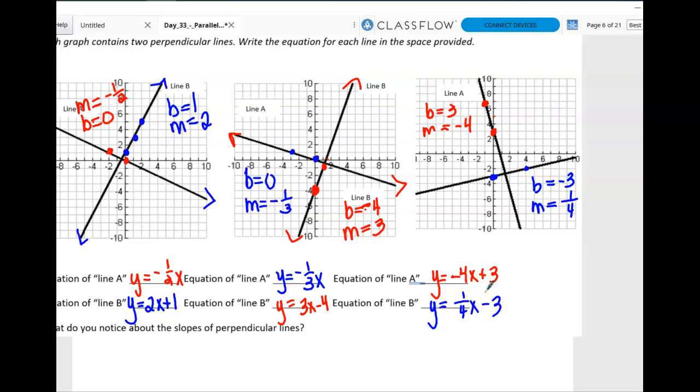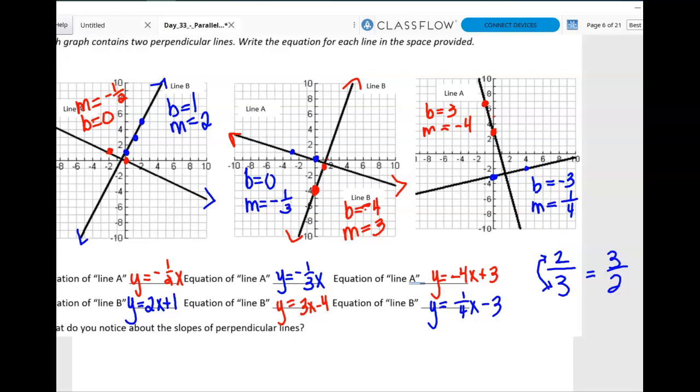If you start looking at the slopes of the two lines, you're going to notice that they are negatives or opposites. They're opposites in that if one is positive, the other is negative, but they're also reciprocals. Remember, for a reciprocal, if you have, say, the fraction 2/3 as a slope, you take the denominator and numerator and flip them, and you would get 3/2.